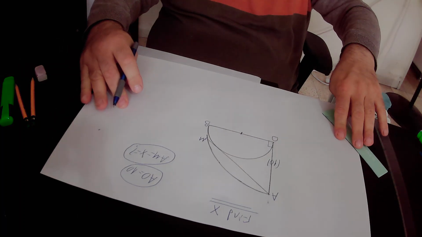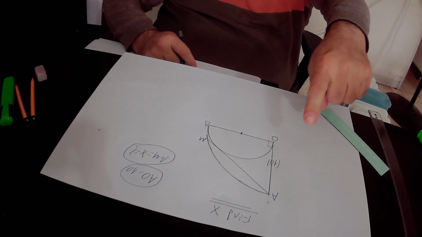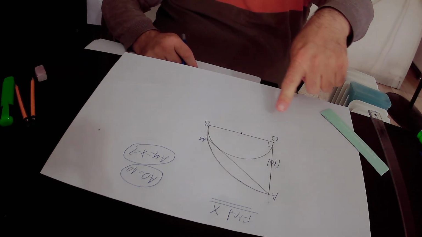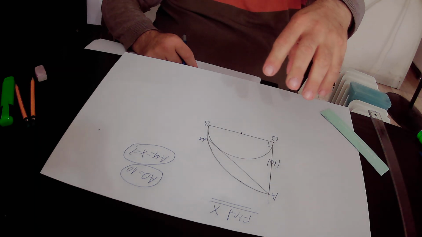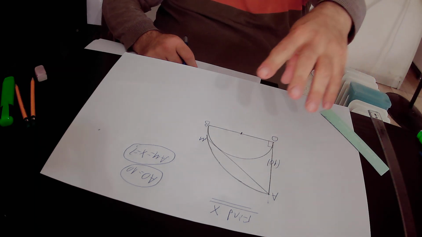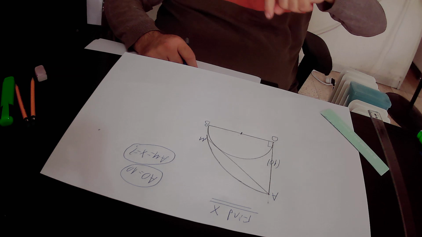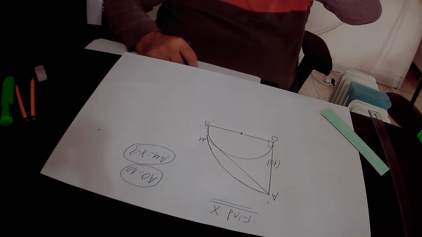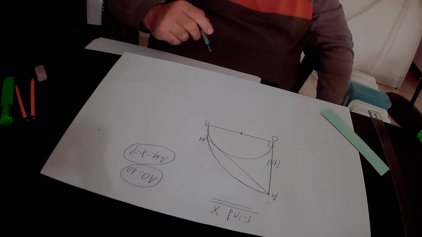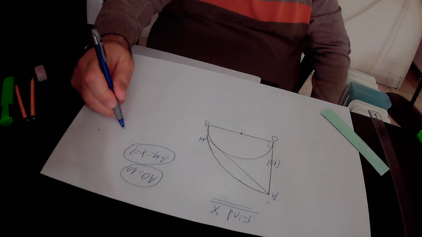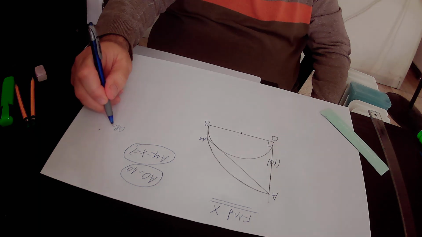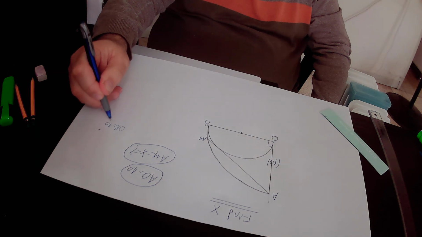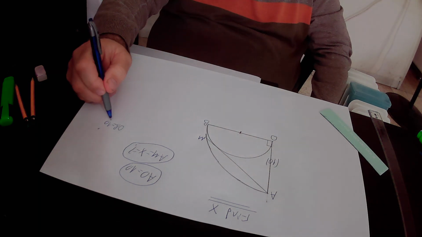AO and OB are both the radii of this quarter circle, therefore they are equal to each other. But we know that AO equals 10, therefore OB must also be equal to 10 units in its length. OB equals 10 units. It is also the radius of this quarter circle.